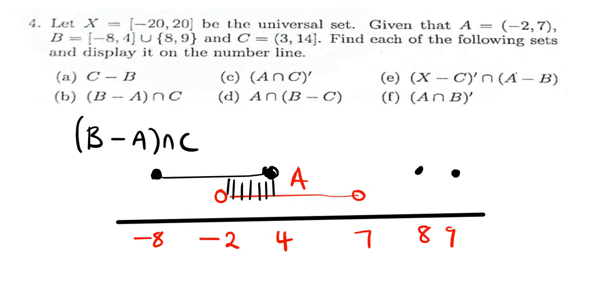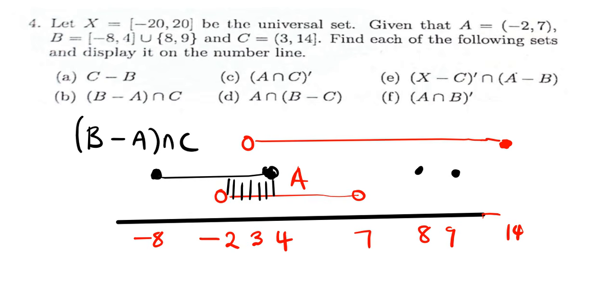But of course, let's also write C, because we're trying to find also the intersection with C. C is from 3 to 14. So from 3, not included, all the way to 14, and 14 is included, and we're trying to find the intersection.